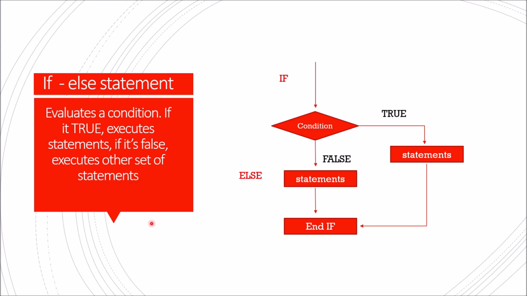Okay, now let's review the if-else statement. It is a combination of if and another clause called else, that will help us to implement a block of statements for the two cases of a condition.